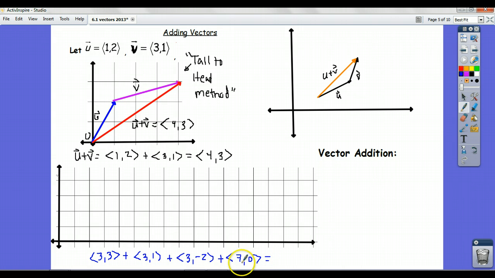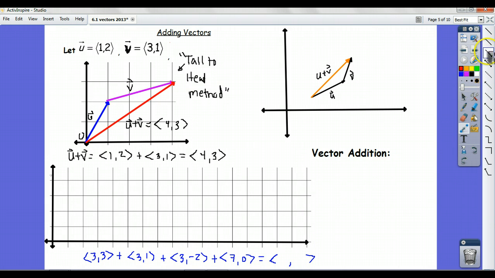I want you to pause the video, actually draw the tail to head method of this addition, then add the components and see if you get the same thing. So I'll let you pause it and then I'll do it out for you.